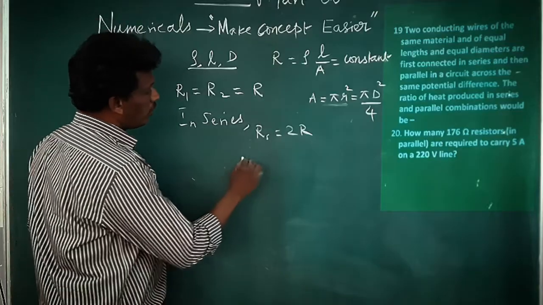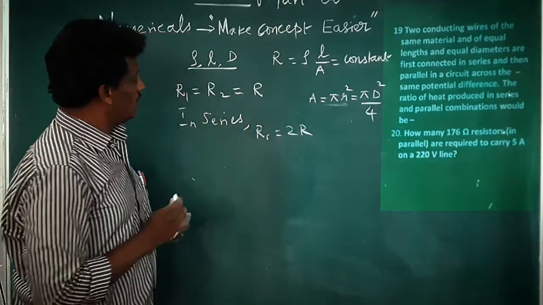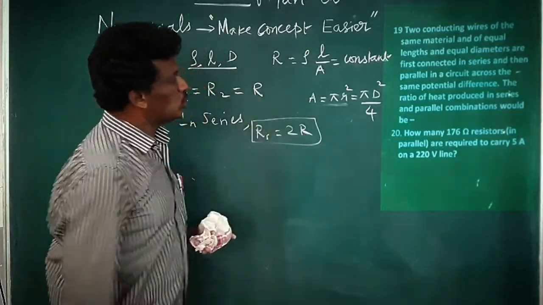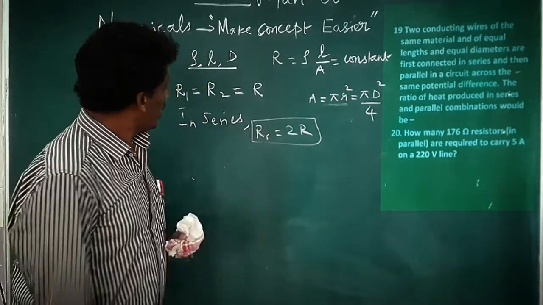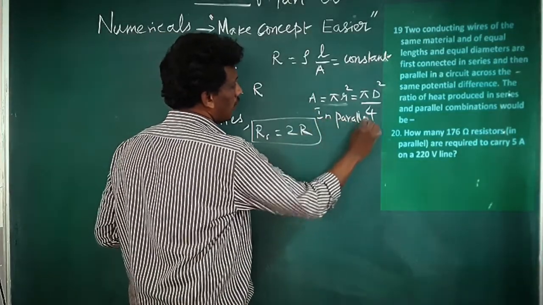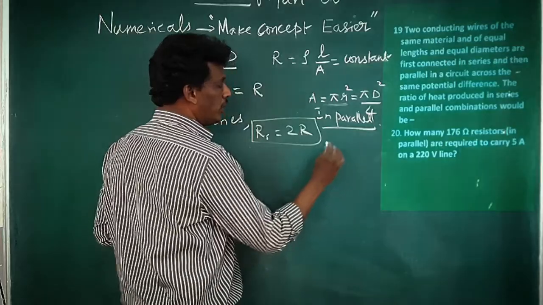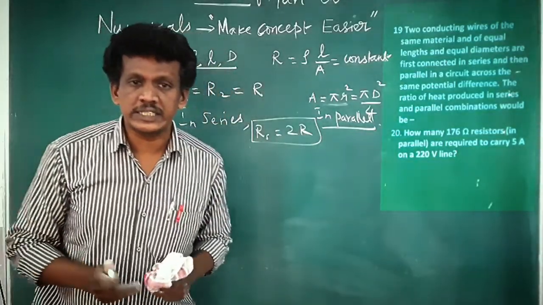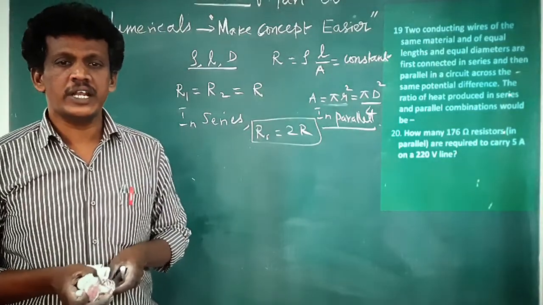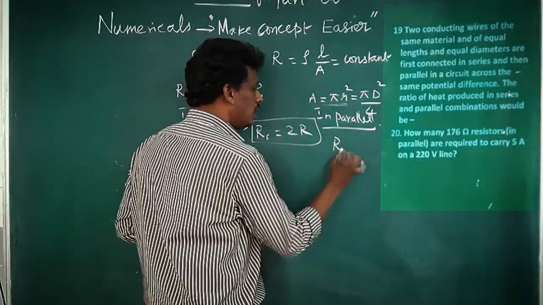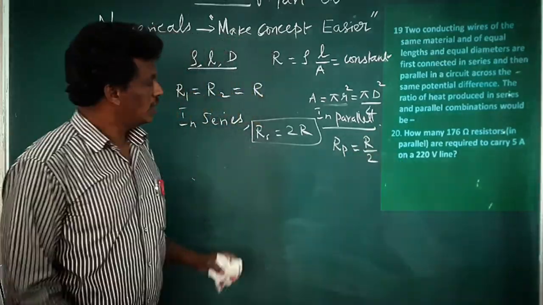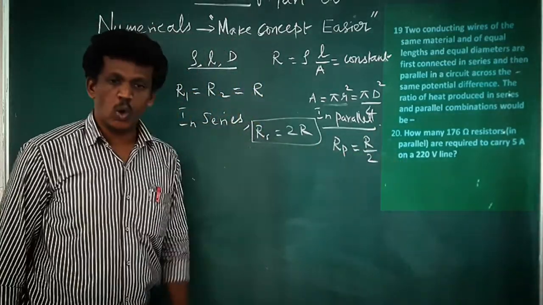In series you got the effective resistance 2R. Now in parallel, what did I tell you? Whenever n identical resistors are there, how do you find the equivalent resistance? R by n. If 10 resistors are there, R by 10. If 2 resistors are there, R by 2. So in series and in parallel, you got it.